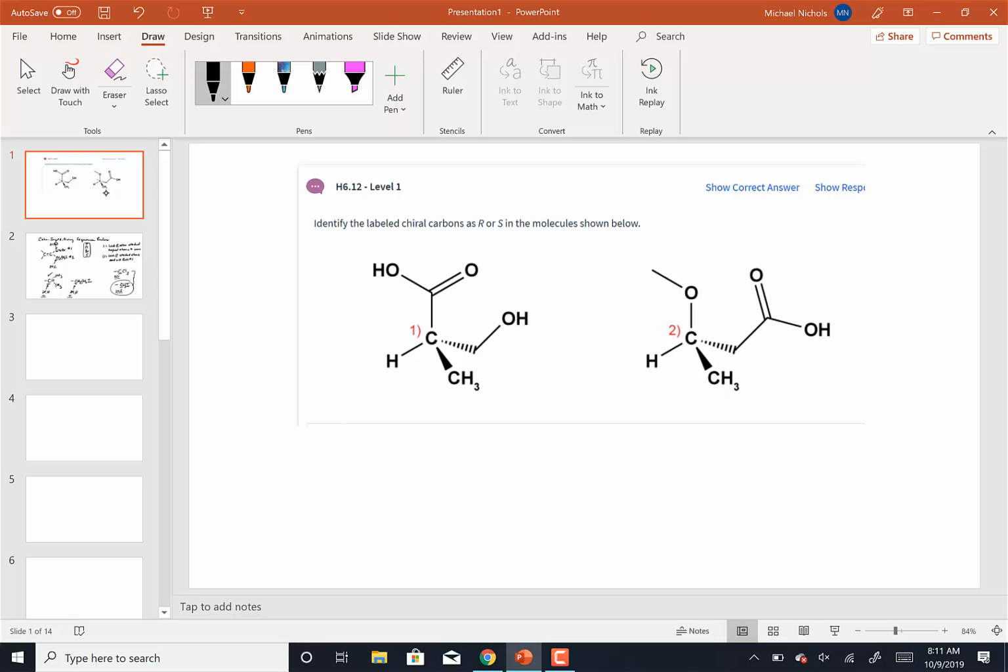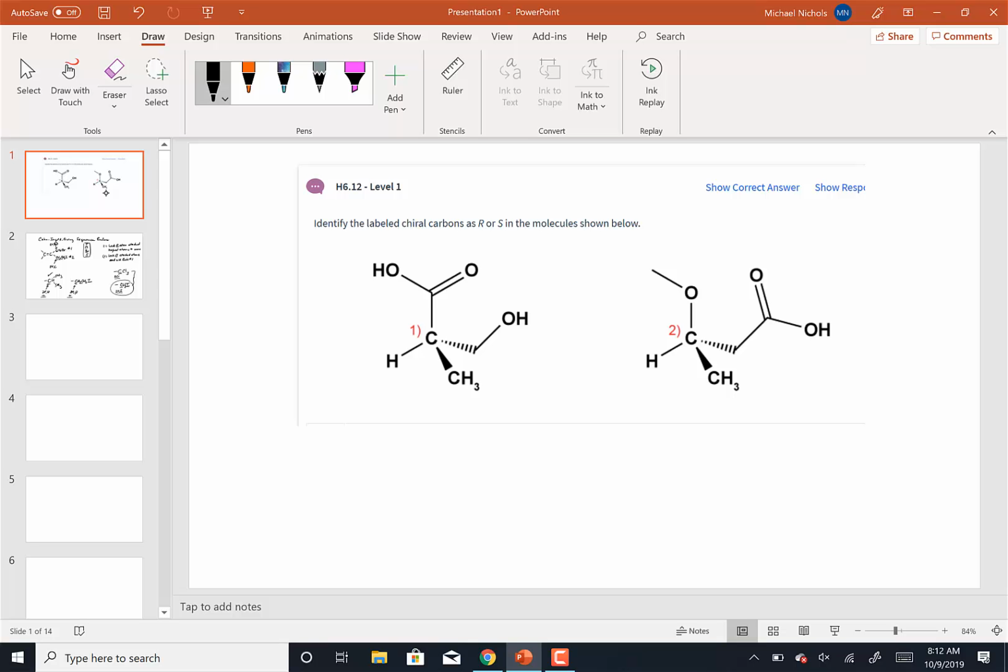Take a minute, because for number 1, I'm going to ask you what the lowest priority group is, and I'm going to ask you what the highest priority group is, because we're going to rank those 4 groups from number 1 to number 4. Because this is just the first step to getting to RS.